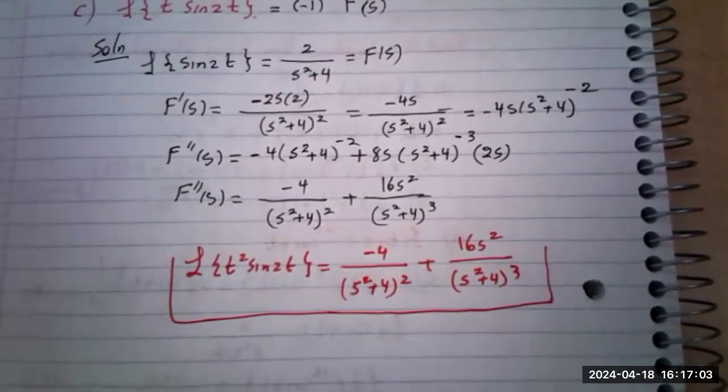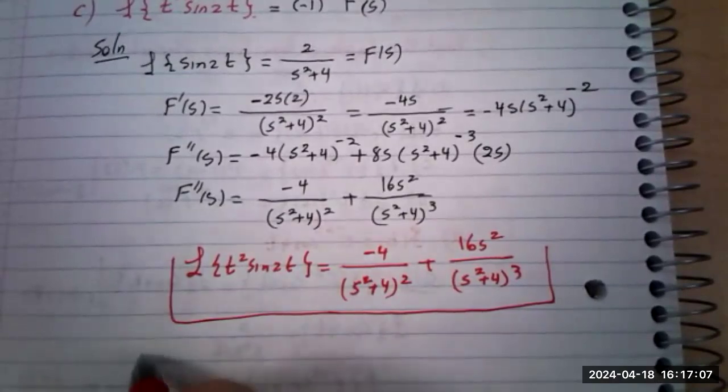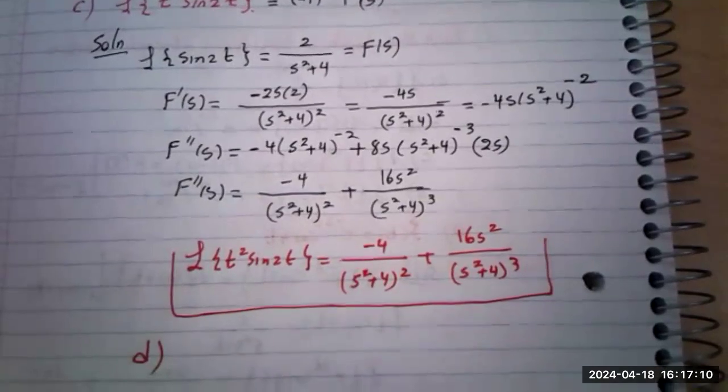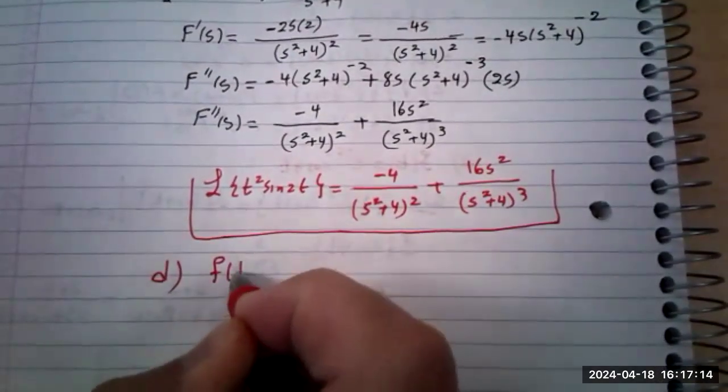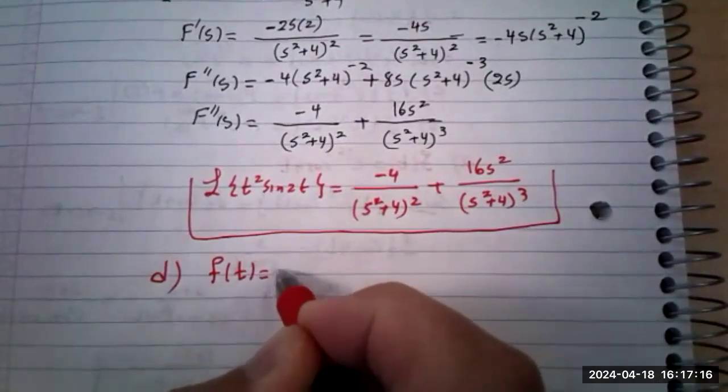We go to part D, which again is just a differentiation case. In part D, the function is f of t equal to t cosine t.